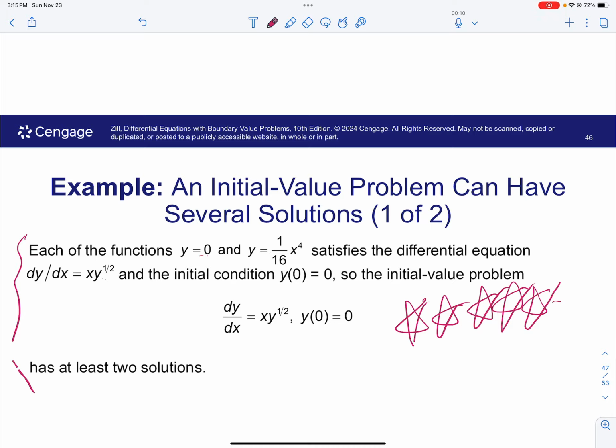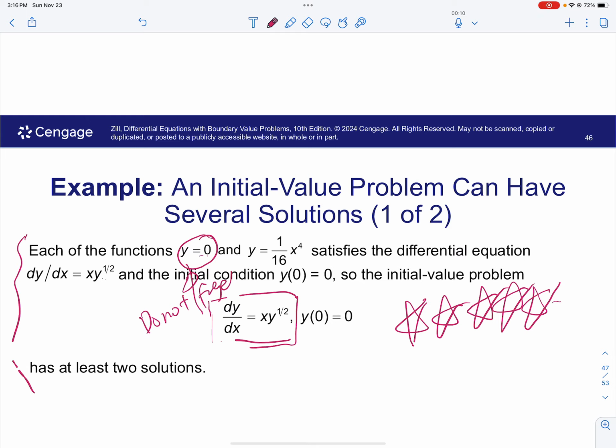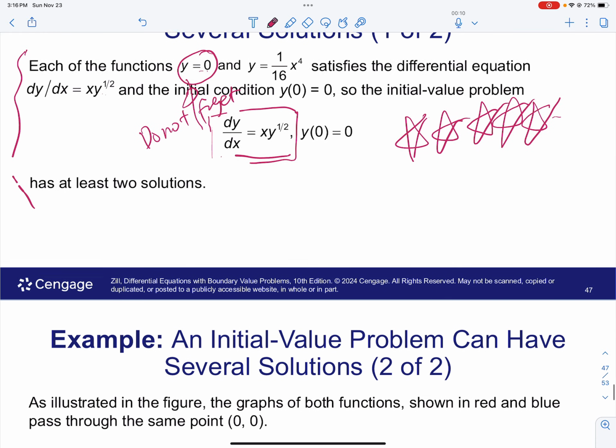Later on, do not forget y equal to 0 is a solution, because with y equal to 0, dy over dx equal to 0, and x times 0 is 0. A lot of students will forget y equal to 0 is a solution. So remember it. I will remind you when it's time.